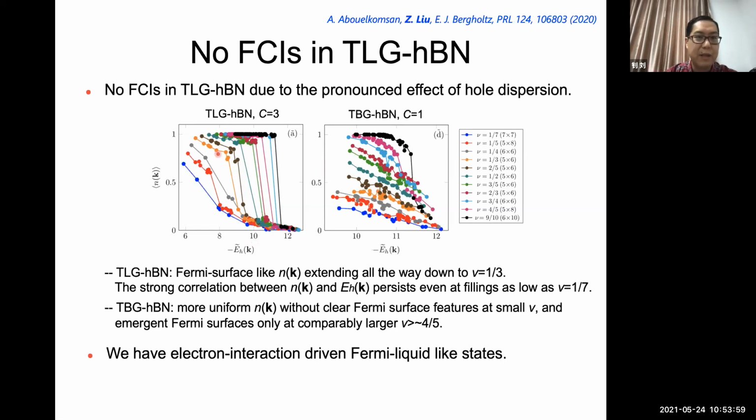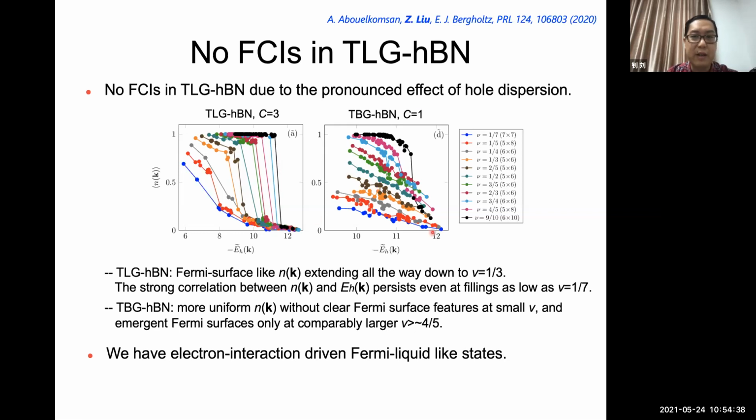And this structure becomes better and better as it goes to higher and higher filling factors up to 9/10. And if we decrease the filling factor, we can still see a strong correlation between this n_k and the hole dispersion E_hk. This means in the trilayer graphene Chern number 3 flat band, the hole dispersion is always comparable or even dominates over the interaction. So that's why we cannot have fractional Chern insulators at the ground states.